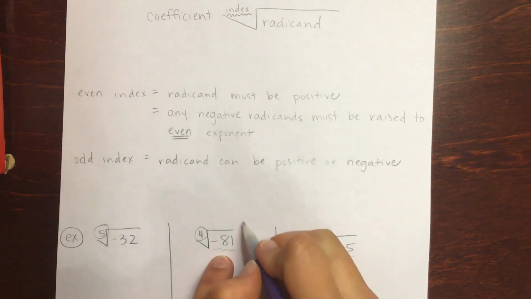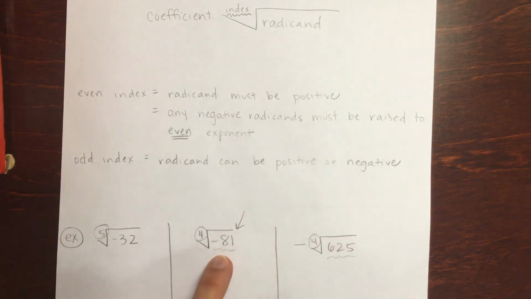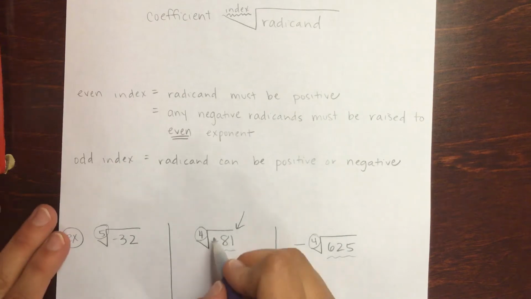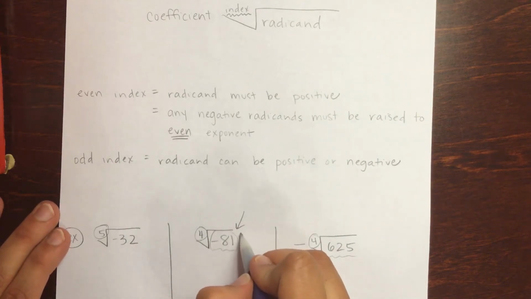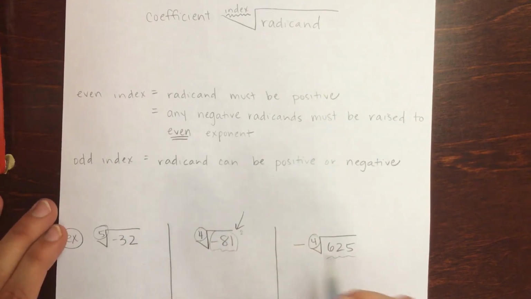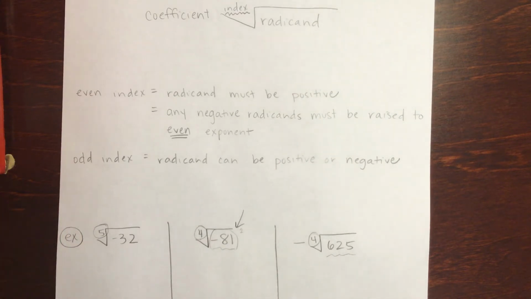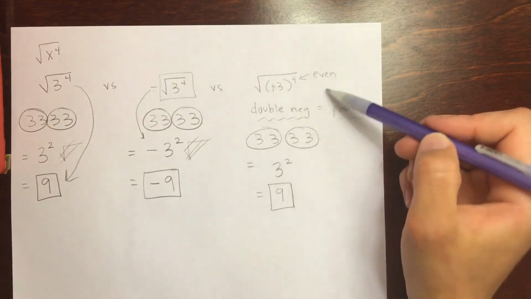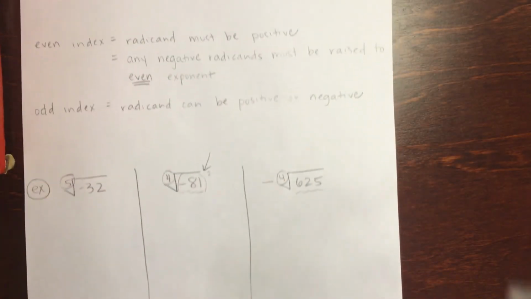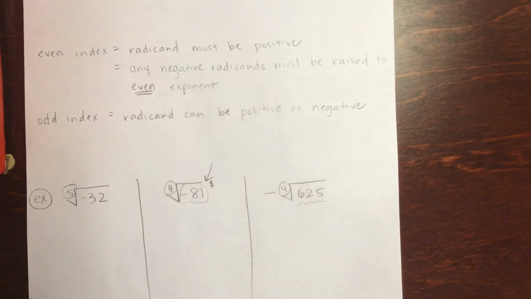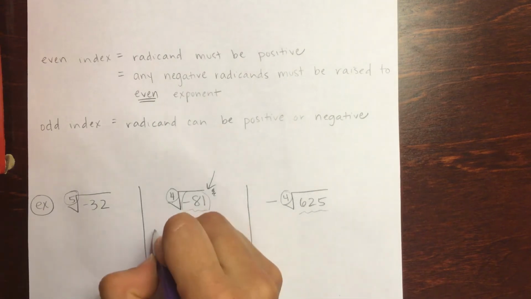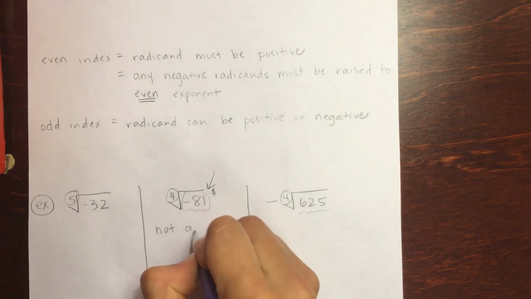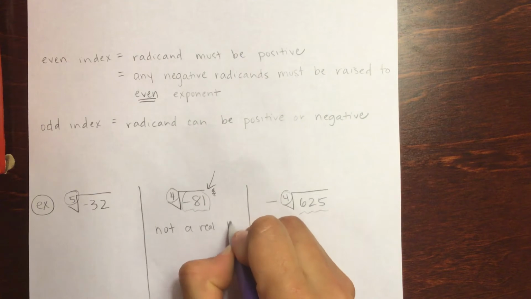If it's negative, you must have an even exponent somewhere in there, like raising this whole thing to the second power, 4th power, 8th power, any even number, in order to break it down, and then you would treat it like we did in a previous video, this problem. If there is not an exponent there, like in this example here, then there is no solution, or not a real number.